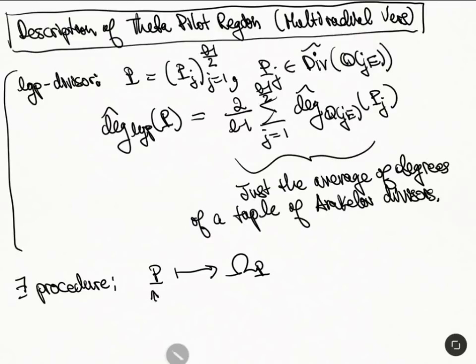So this guy is an element of some measure space, so a measurable set.